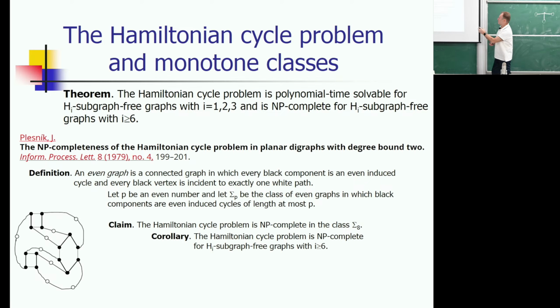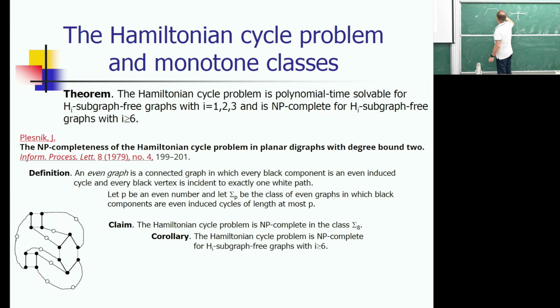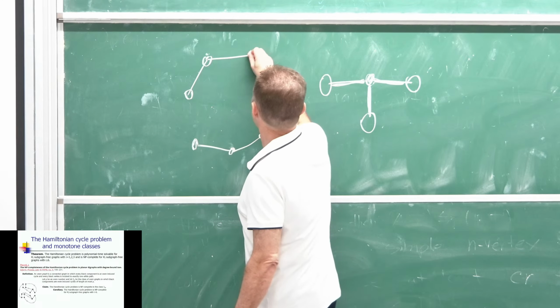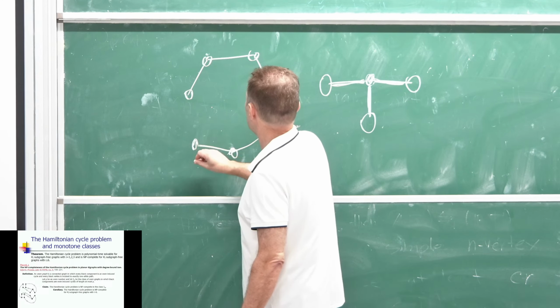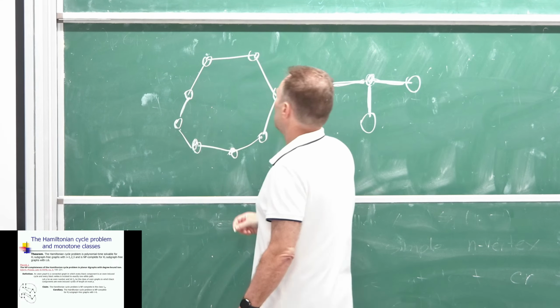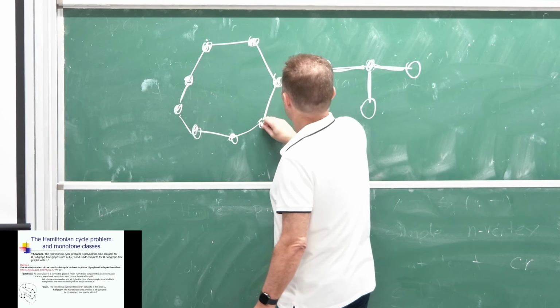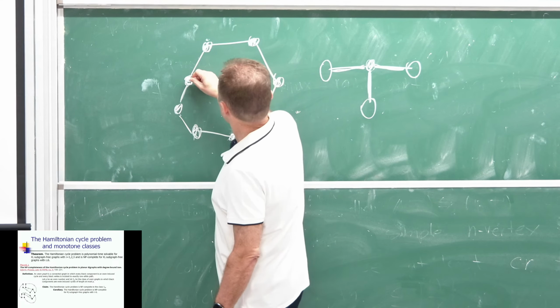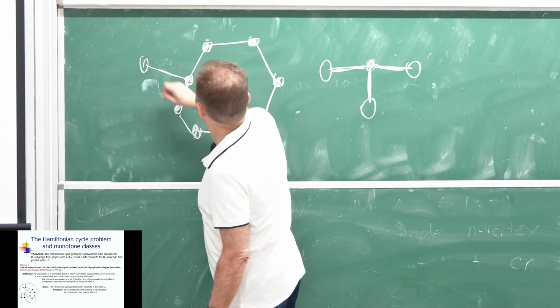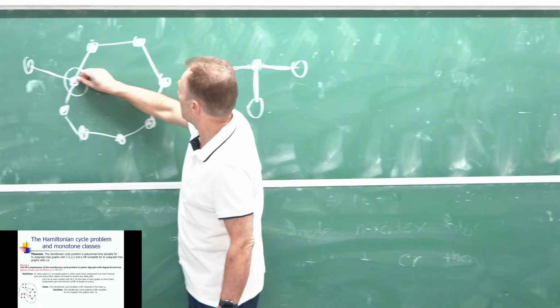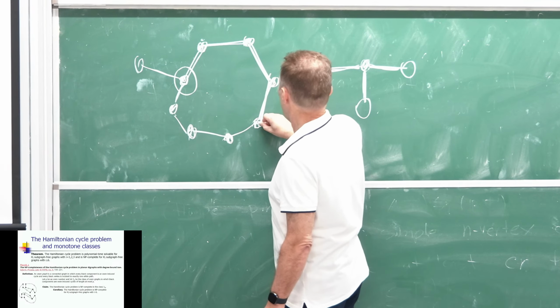But if we restrict ourselves to sigma 8, you cannot accommodate all vertices of H6. 1, 2, 3, 4, 5, 6, 7, 8. So this is our black component. If we put one vertex of degree 3 of H6 here, then 1, 2, 3, 4, 5, 6.